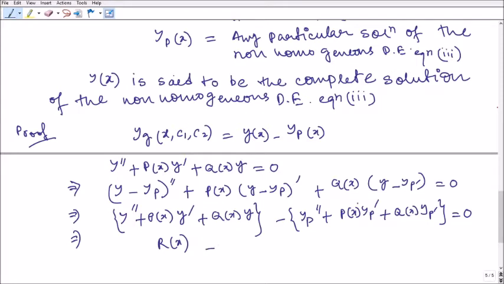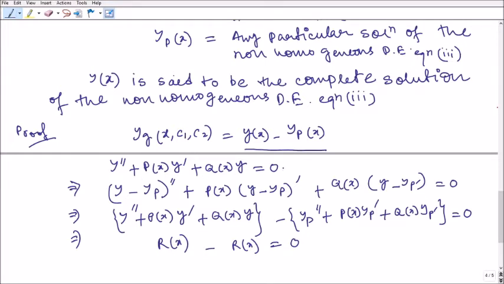And minus, yp is also a particular solution of the differential equation, which is also r of x, then we can say this is equal to 0. So for this solution also, the homogeneous differential equation is satisfied.